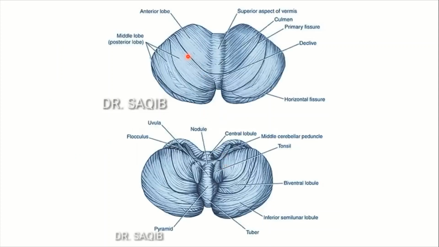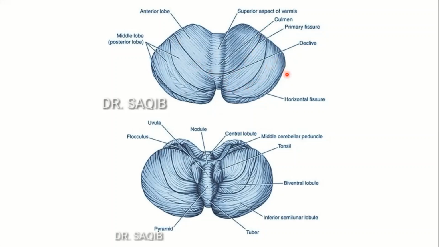Here are various parts of the cerebellum in the schematic diagram. Here you see this is the superior surface of the cerebellum, and this is the inferior surface. There are some fissures, and here is a primary fissure on the anterior surface.